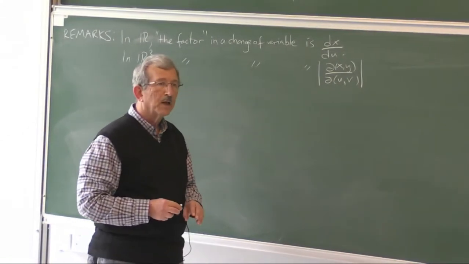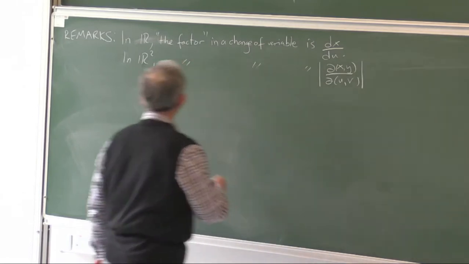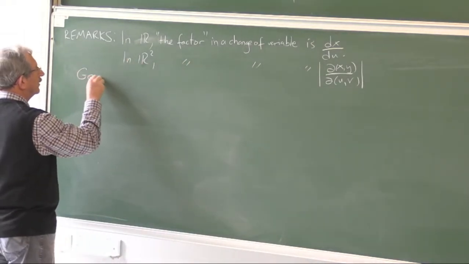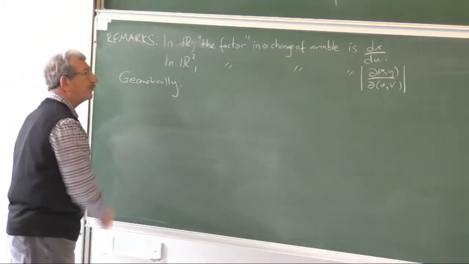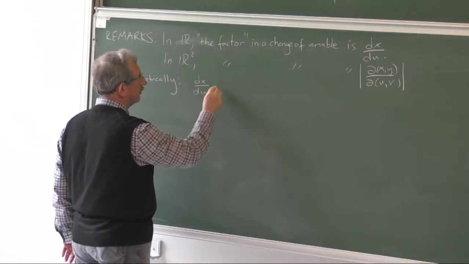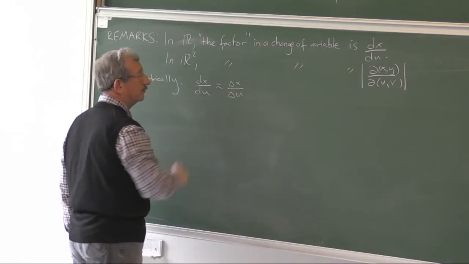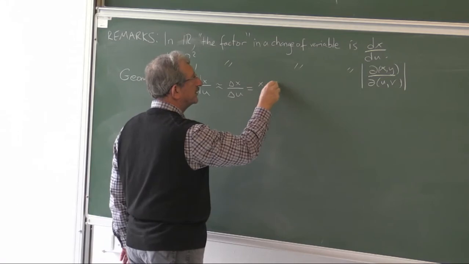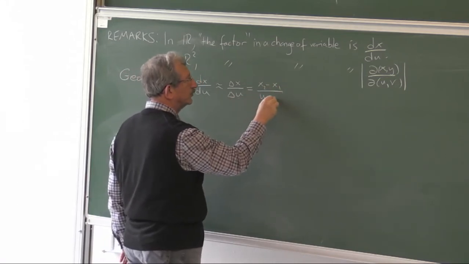Geometrically this means the following. dx/du in one variable is something like ∂x/∂u, which can be considered as a difference in x's divided by a difference in u's.